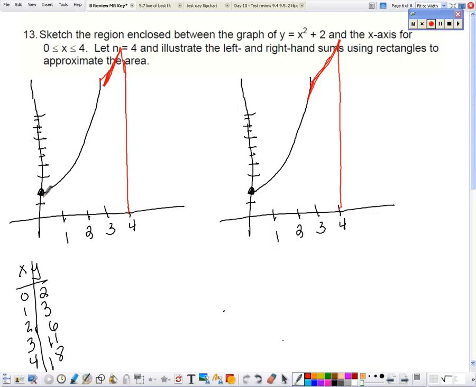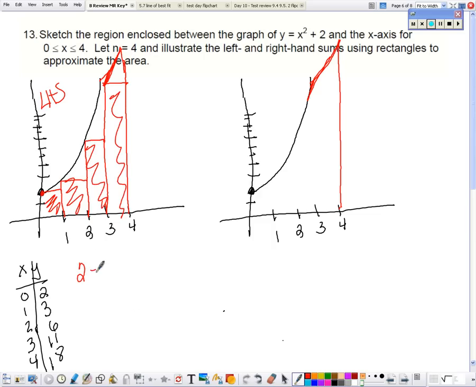So to draw my left-hand sum, I'm going to be on the left of the graph and make my rectangles at these y values. So I'm going to go up at 2, and then to the y value at 3. So this is the left-hand sum. That's this rectangle, this rectangle, this rectangle, and this rectangle. If I was actually going to calculate it, that would be 2 plus 3 plus 6 plus 11.